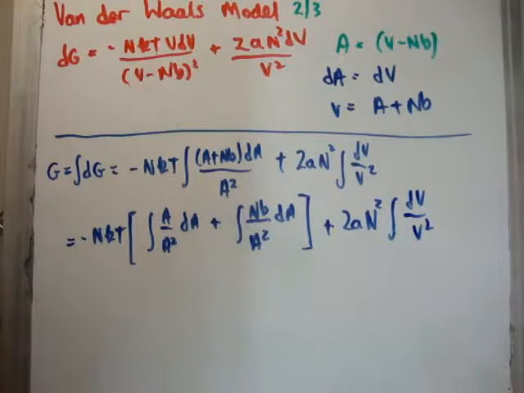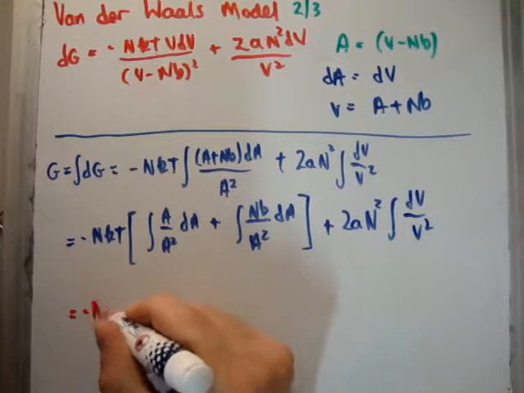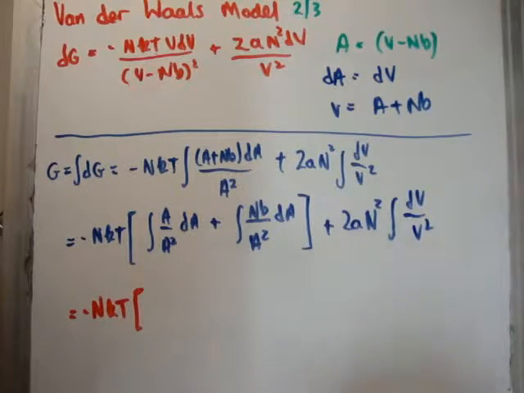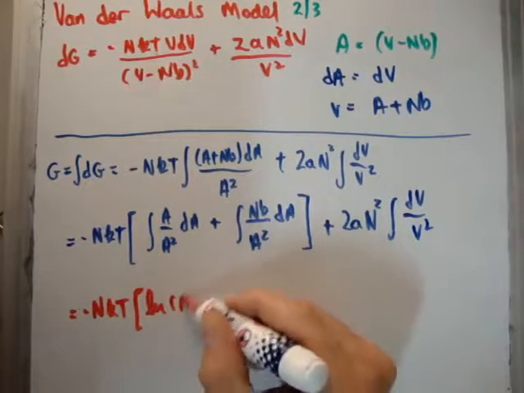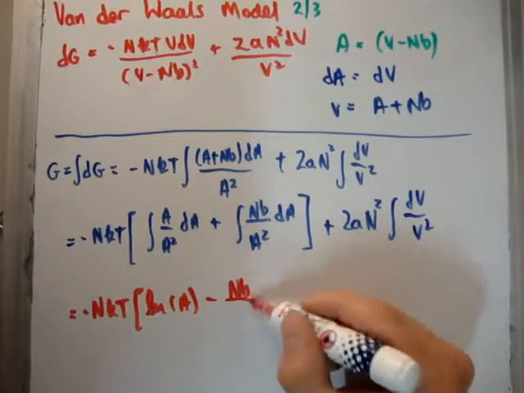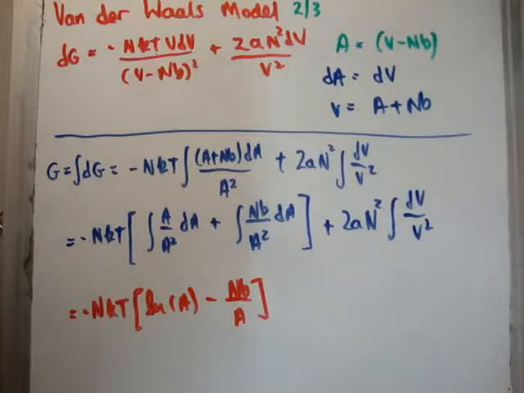So doing the integration, we get minus n times k times T, and we get the natural logarithm of A minus nB over A, like that.